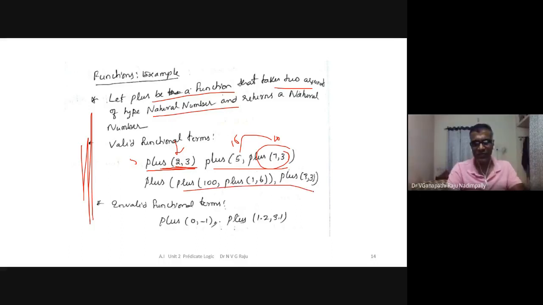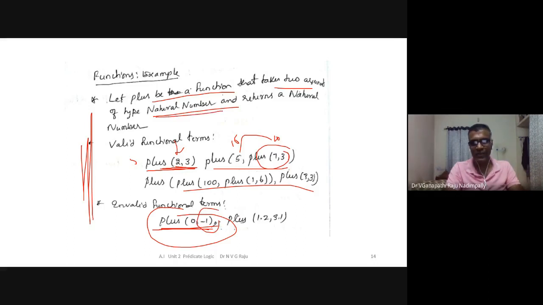Now, if I give it like this, could you please tell me, is it a valid function call or not? Plus 0, minus 1. Can I call this a valid function? No, because minus 1 is not a natural number.